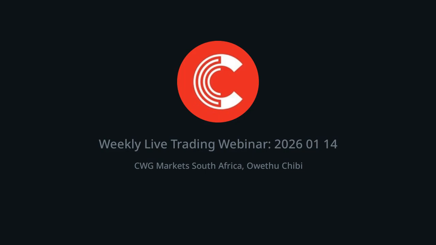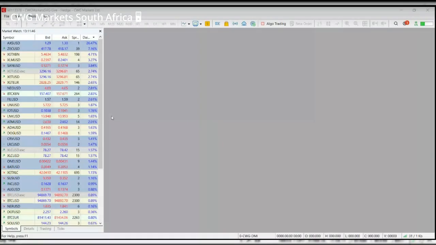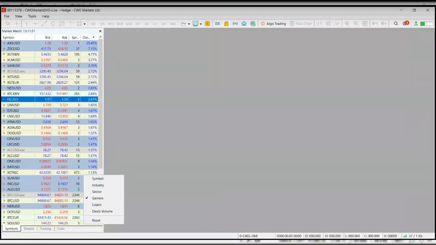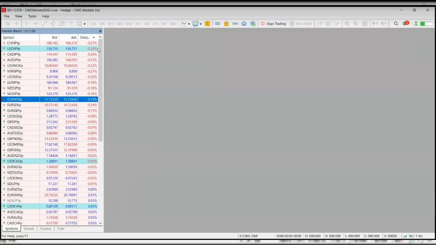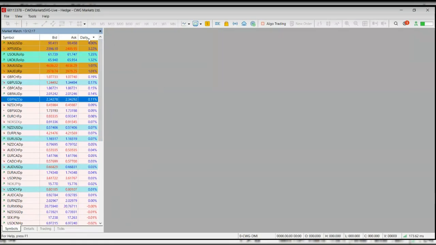Now that we've got the charts set up, I'm on my MT5 platform. First thing I'm going to look at is the daily movers from the FX side. If I look at our biggest movers and our biggest losses, in terms of currencies we don't have that significant of a loss, but we can clearly see losses at the Swiss JPY, USD JPY, and CAD JPY side of things, as well as the biggest movers of the day.